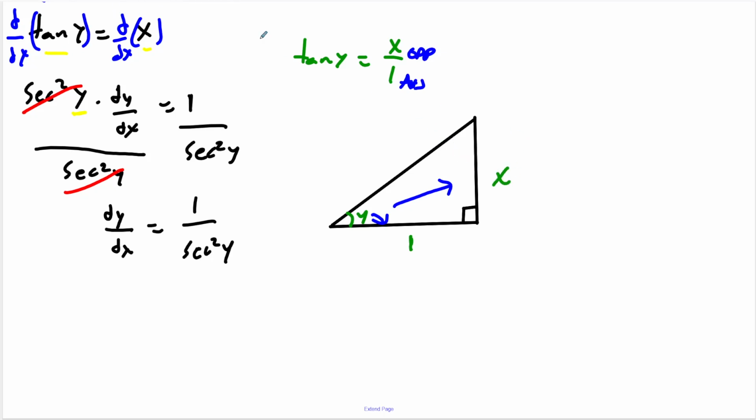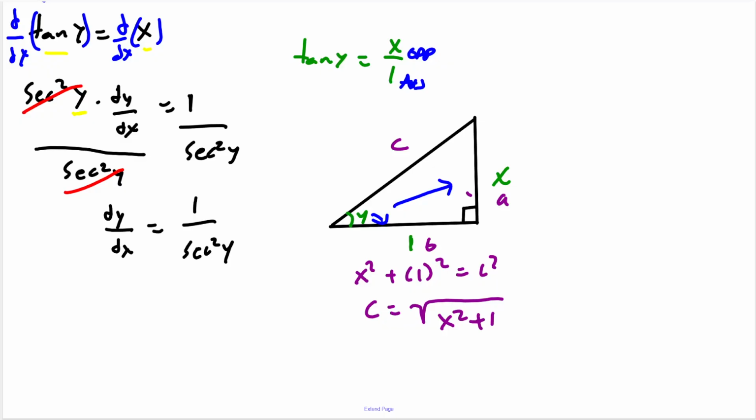Pythagorean theorem: this is a, this is b, this is c. So we get x squared plus 1 squared equals c squared. Then c has to equal the square root of x squared plus 1.